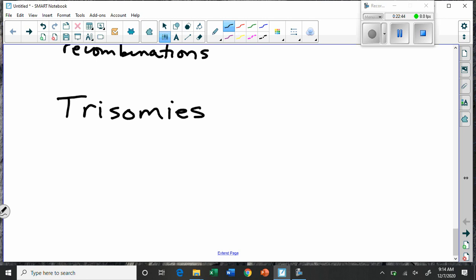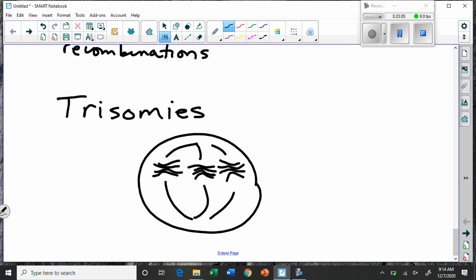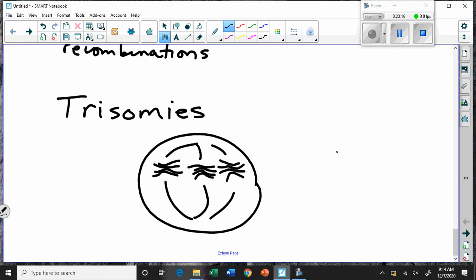So a trisomy, for example, occurs when you have, here's a chromosome in metaphase 1. And here are the homologous pairs all lined up. What's supposed to happen is the spindle fibers are supposed to pull these apart, right? So you get the top ones all going one way and the bottom ones all going another. But sometimes what happens is they don't separate.